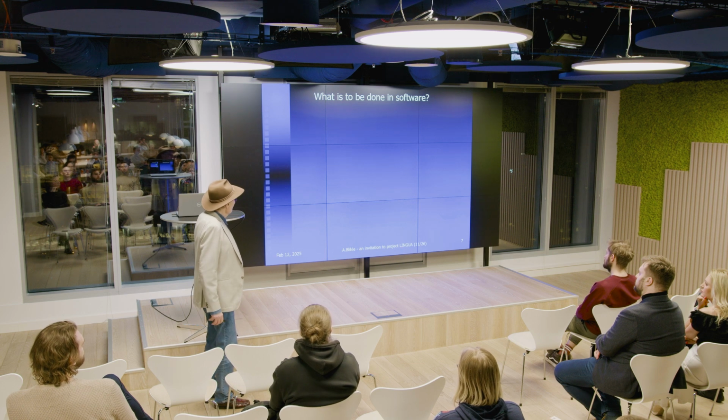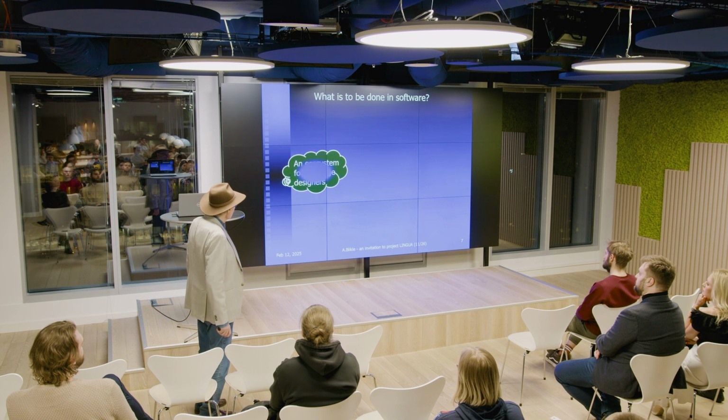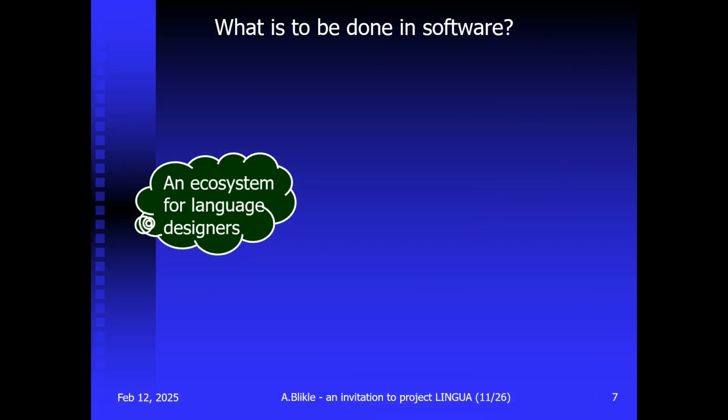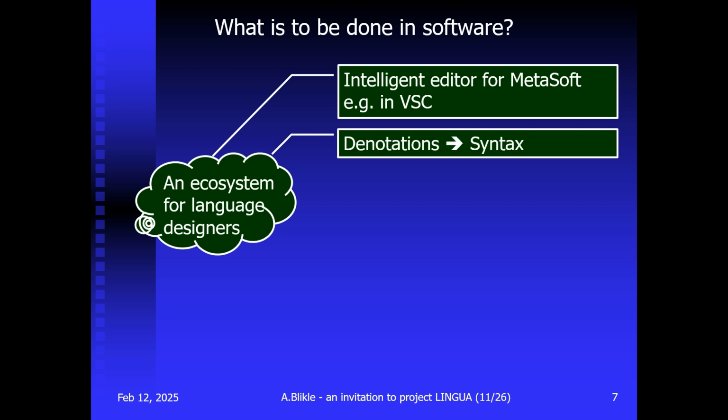Now, what is to be done in software as far as the project is concerned? Two ecosystems. First, an ecosystem for language designers. It should include a sort of intelligent editor of the meta-language MetaSoft, say in Visual Studio Code as an extension of Visual Studio Code. This is a rather obvious task. Second, a mechanism that transforms the description of denotations into a description of syntax.